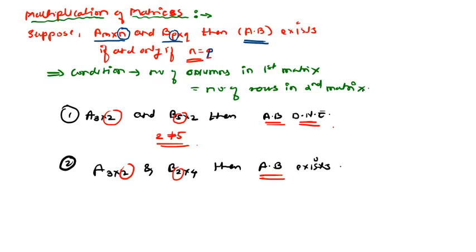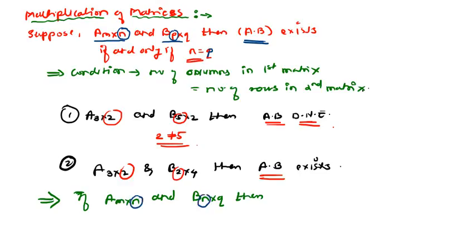And from this we can see what will be the order of the matrix A into B. If A is a matrix of order m by n and B is a matrix of order n by q, then obviously the matrix multiplication will exist because the number of columns in the first matrix is equal to the number of rows in the second matrix.